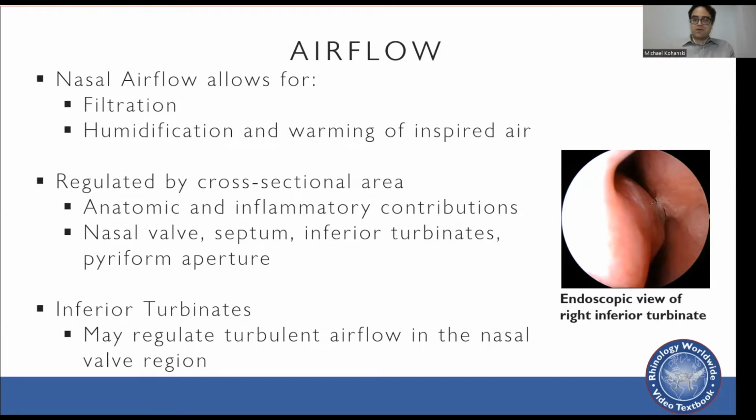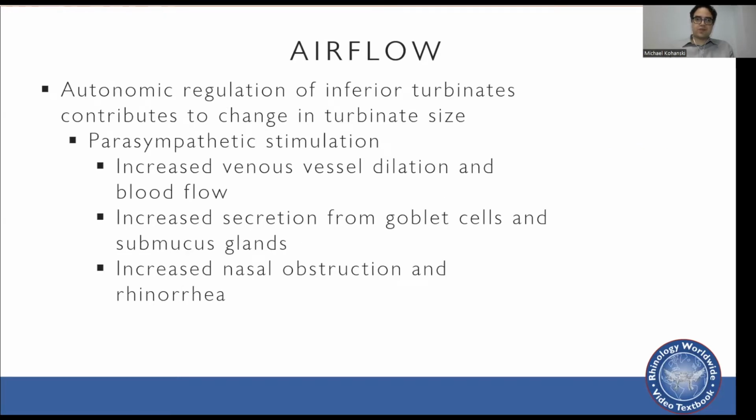And focusing in on the inferior turbinates, the size of the inferior turbinates and how much they can fill the nasal passages may regulate turbulent airflow in the nasal valve region. So when thinking about how the size of the inferior turbinates fluctuates, that happens through autonomic regulation.